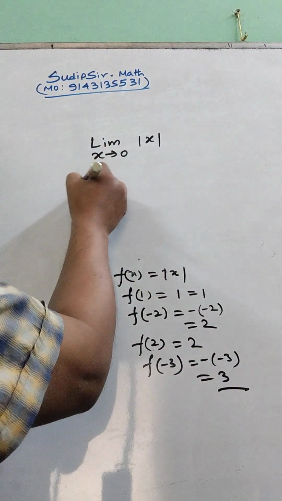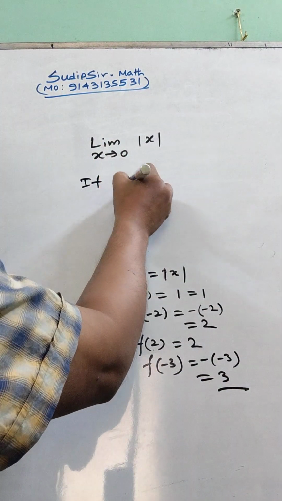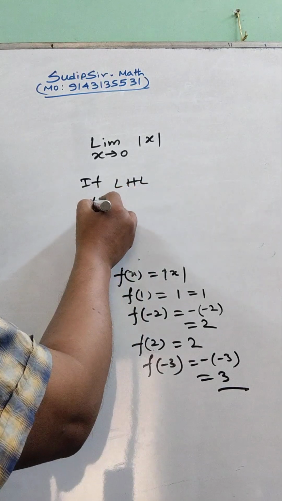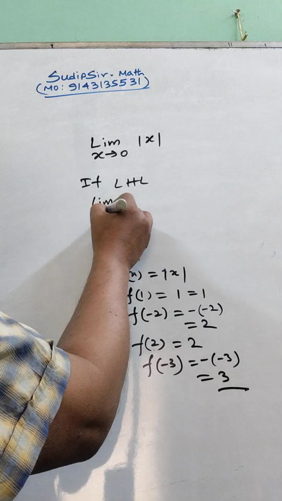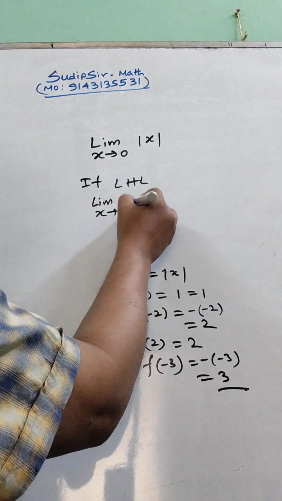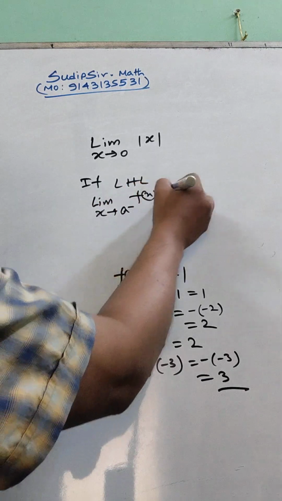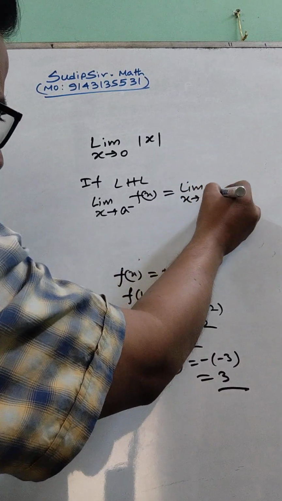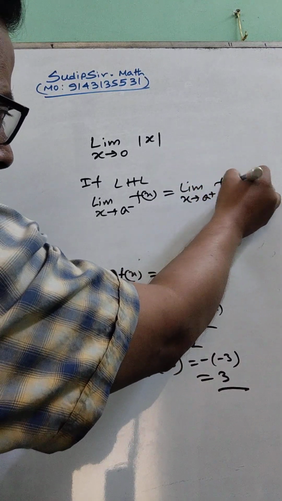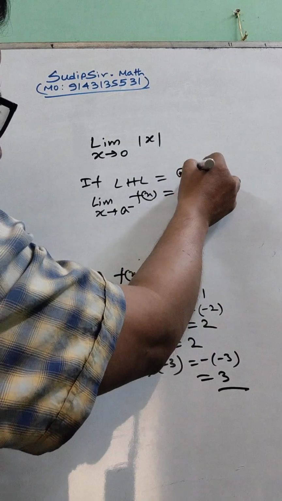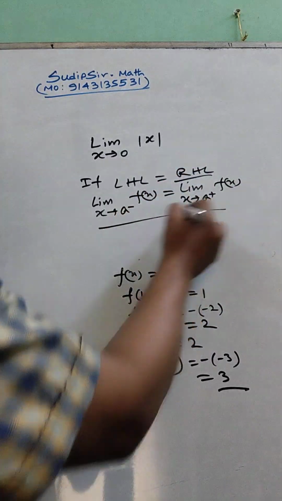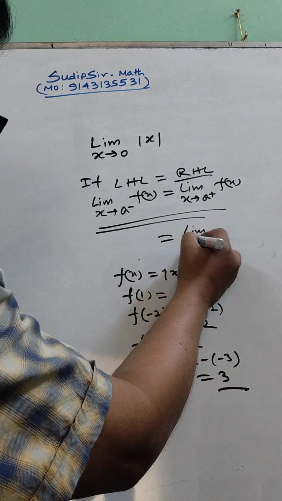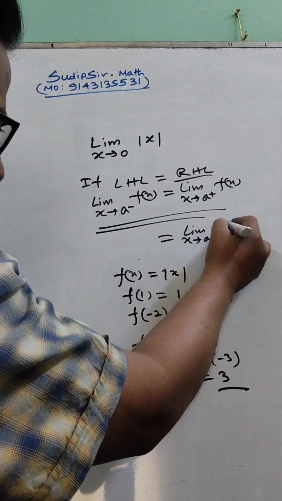Remember, LHL means limit x tends to a minus f(x), equal to limit x tends to a plus f(x), that is LHL equal to RHL, then this value will be limit x tends to a f(x).